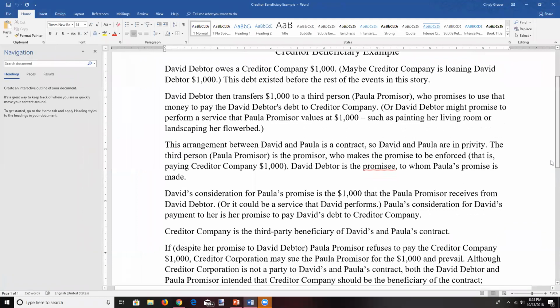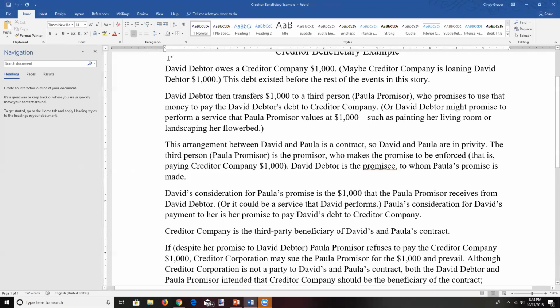So we have David Debtor owes a creditor company $1,000. This is probably a bank, but I wanted to keep the letters easy for us to follow. And it could be that the reason the debt arose is because the creditor company is loaning David money, or it could be some other completely legitimate reason.